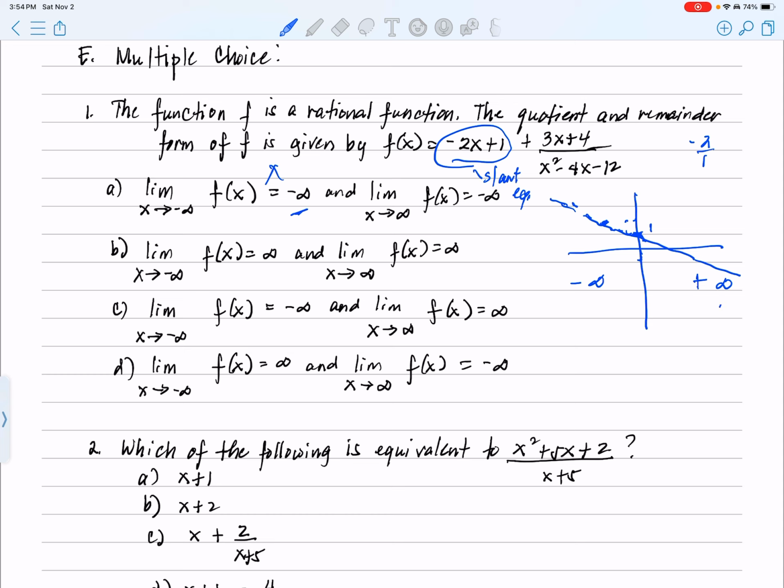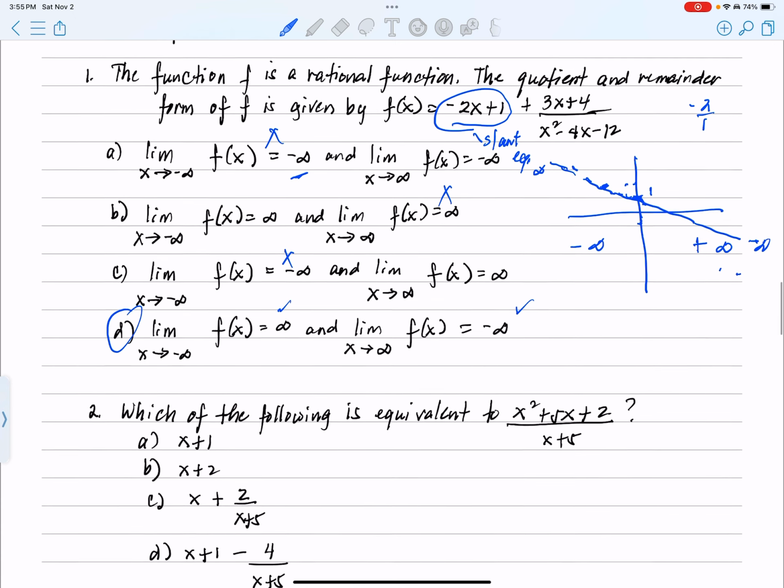No, because this is negative infinity. In letter C, if x approaches negative infinity, it's negative infinity, wrong, because it is positive infinity. If x approaches negative infinity, f of x is positive, correct? If x approaches positive infinity, it is negative infinity, correct? So therefore, our answer is D.